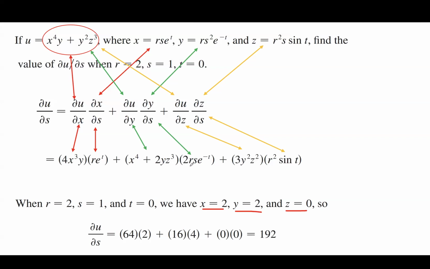Then 2 times r, which is 2, times s, which is 1, divided by 1, plus 3, multiplied by 0, so this term basically becomes 0. You end up with 192, which is the rate of change of u with respect to parameter s. This is a positive number, so we have an increase in the rate of change.